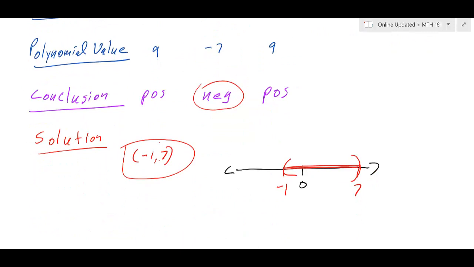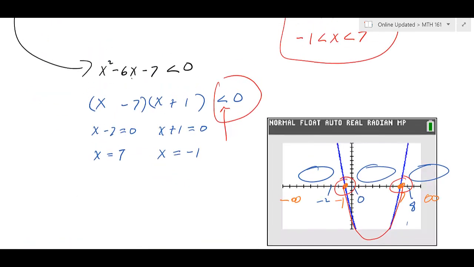All right, what would happen if I take this same problem? I want to look at the same inequality, but now instead of x squared minus 6x minus 7 is less than 0, let me quickly look at what would happen if this happened to be x squared minus 6x minus 7 is less than or equal to 0.